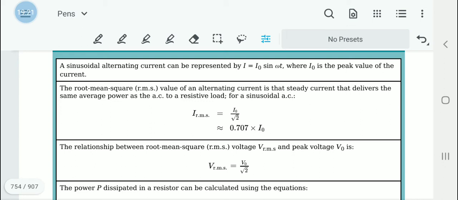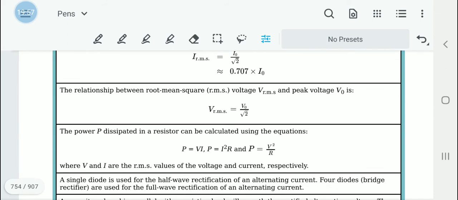For sinusoidal AC, the direct current that delivers the same amount of power is what we compare to the AC power. Then Irms equals I0 upon root 2. The root mean square voltage is similarly V0 upon root 2.